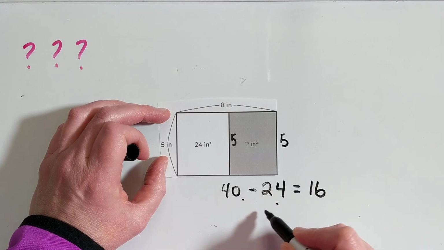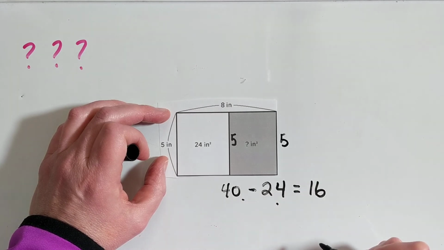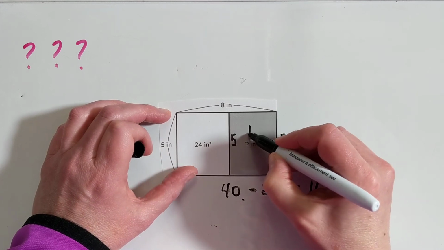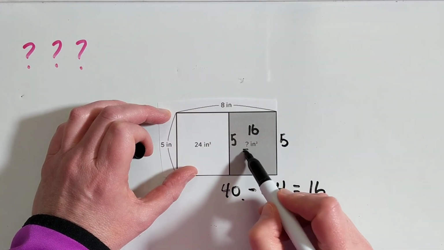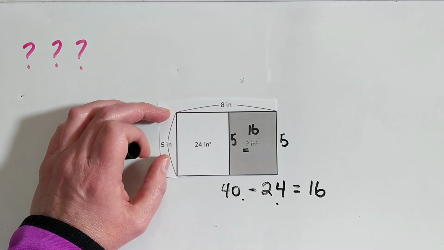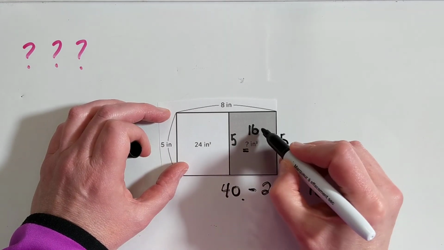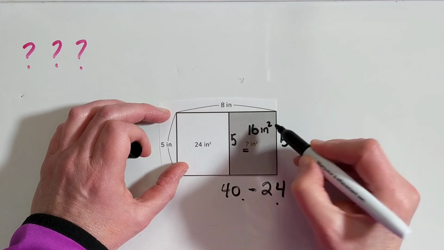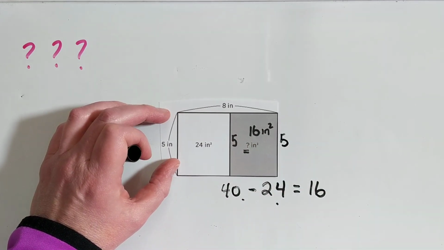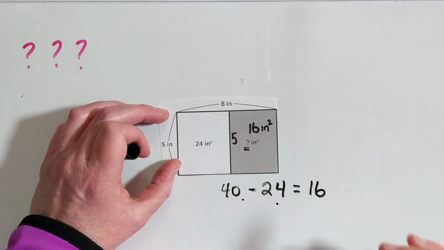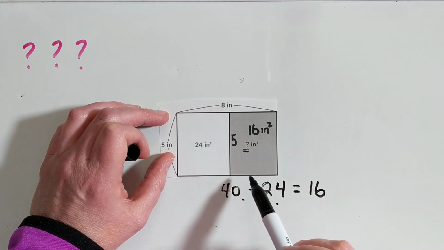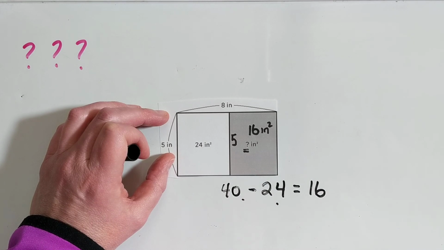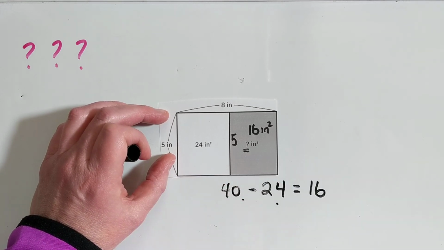So 40 minus 24 is 16. The area for this part is 16, and that was the only thing I needed to find. I don't actually need any of the other sides. I just needed to figure out the total area, subtract 24 from it, and get 16.